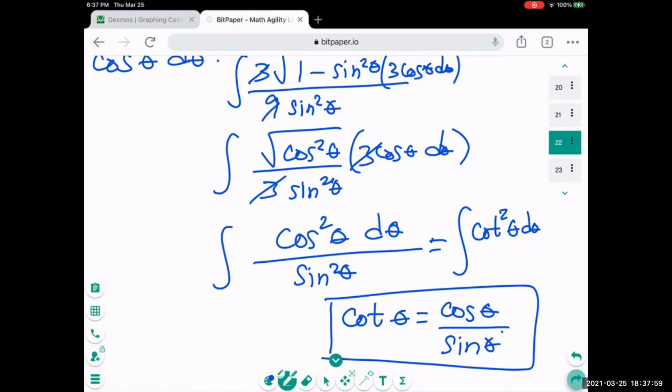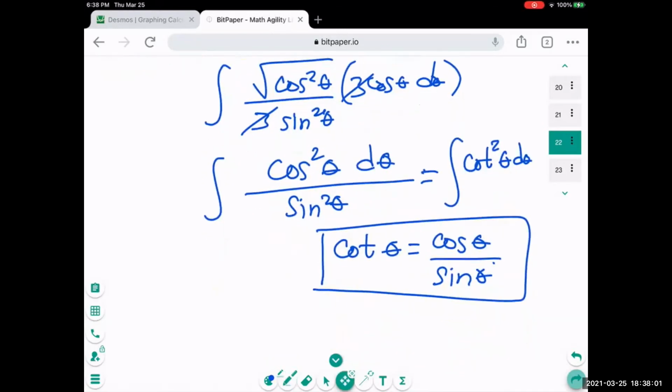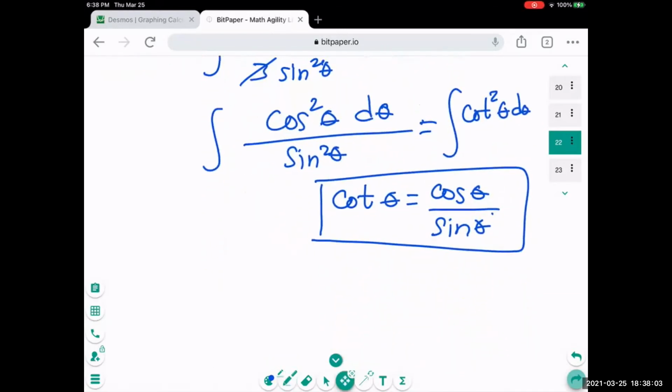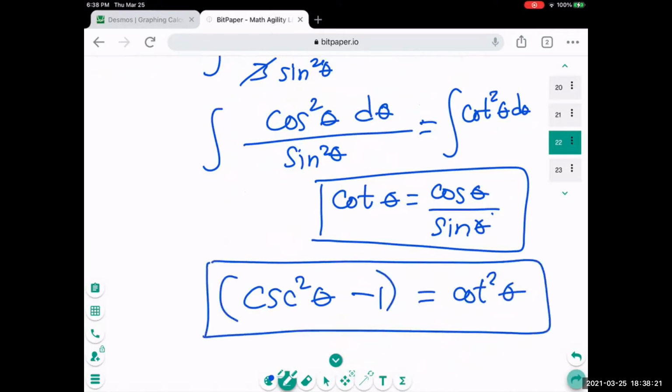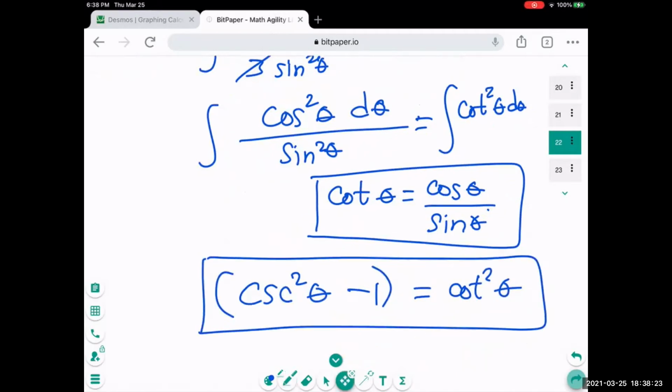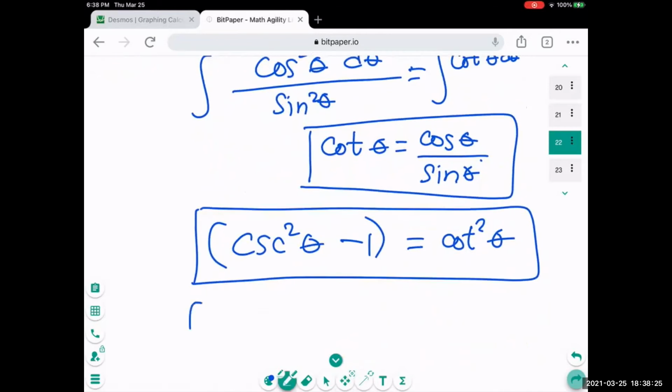use the Pythagorean identity: cosecant squared theta plus negative 1 is cotangent squared theta, right? So let's try to use this identity, another identity, to transform our integral equation.